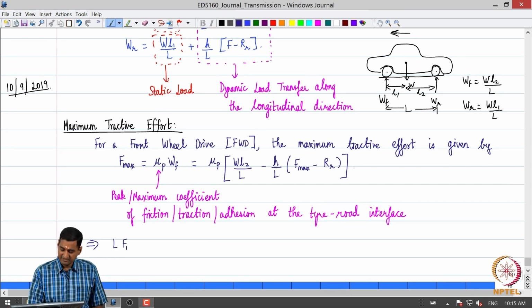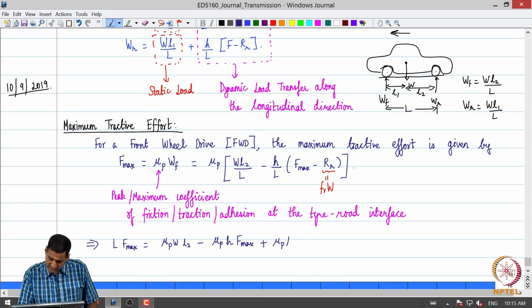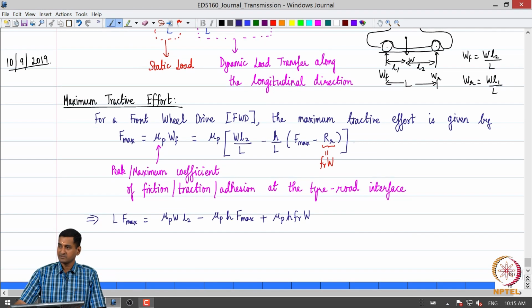Simplifying, we get L times F max equal to mu p W times L2 minus mu p H times F max, and the rolling resistance, as we recall, we write as Fr times W. So this will give us plus mu p H Fr times W.